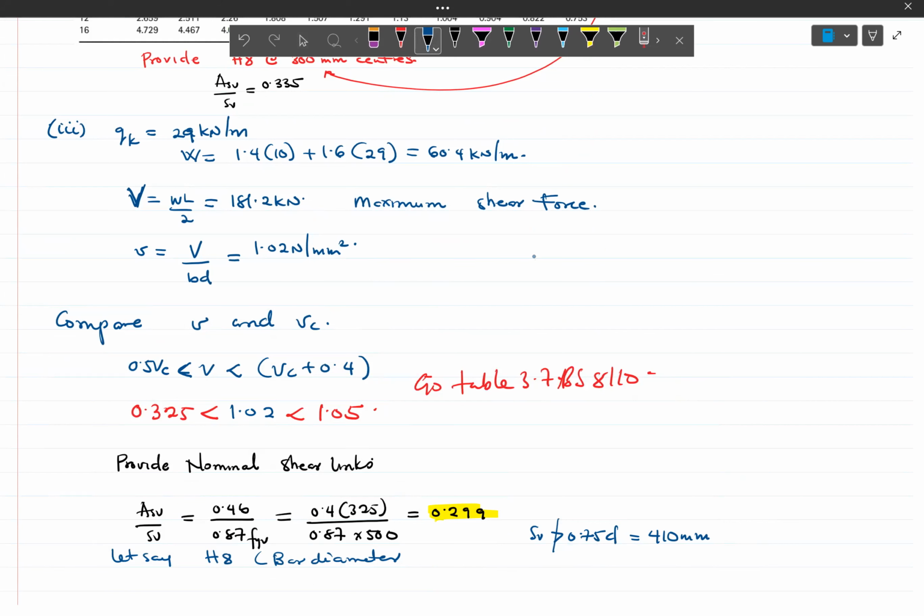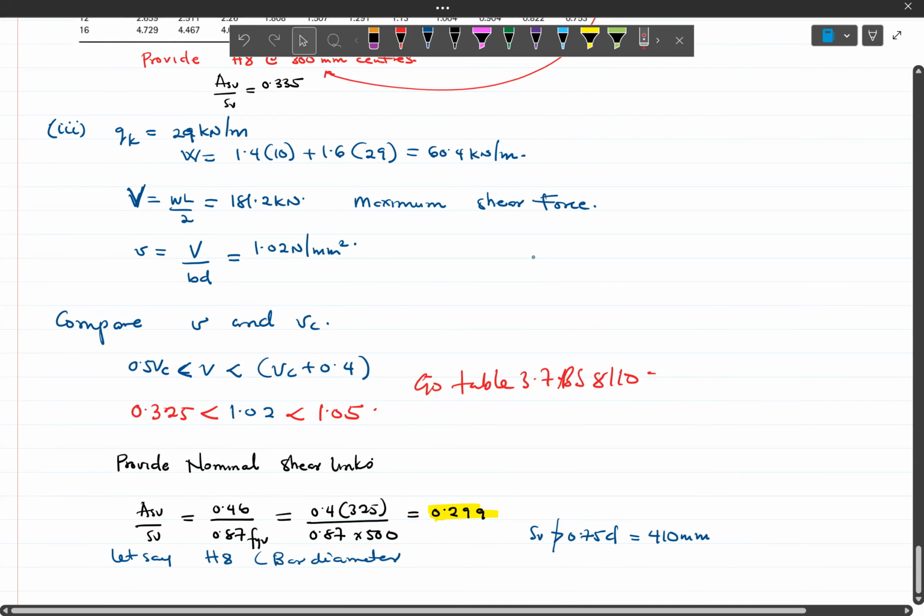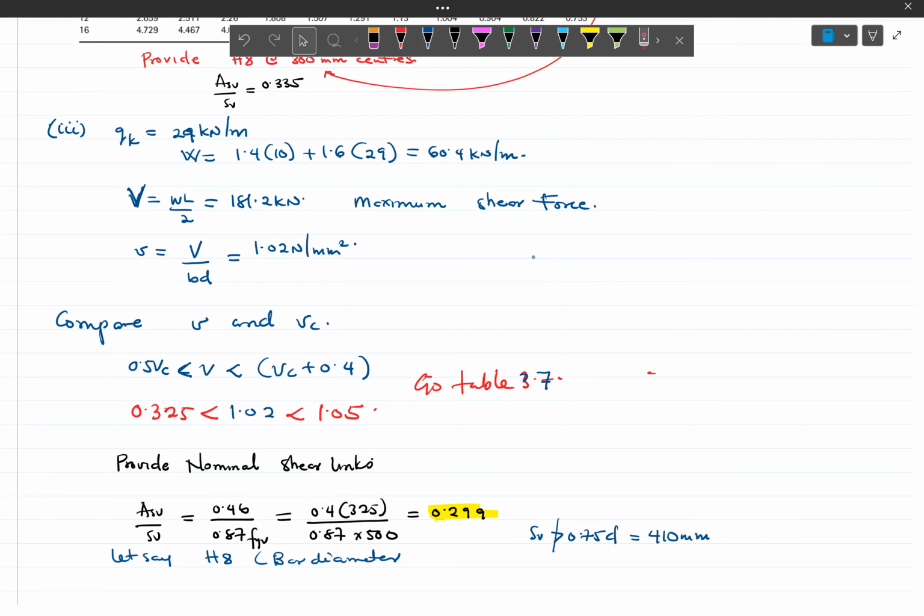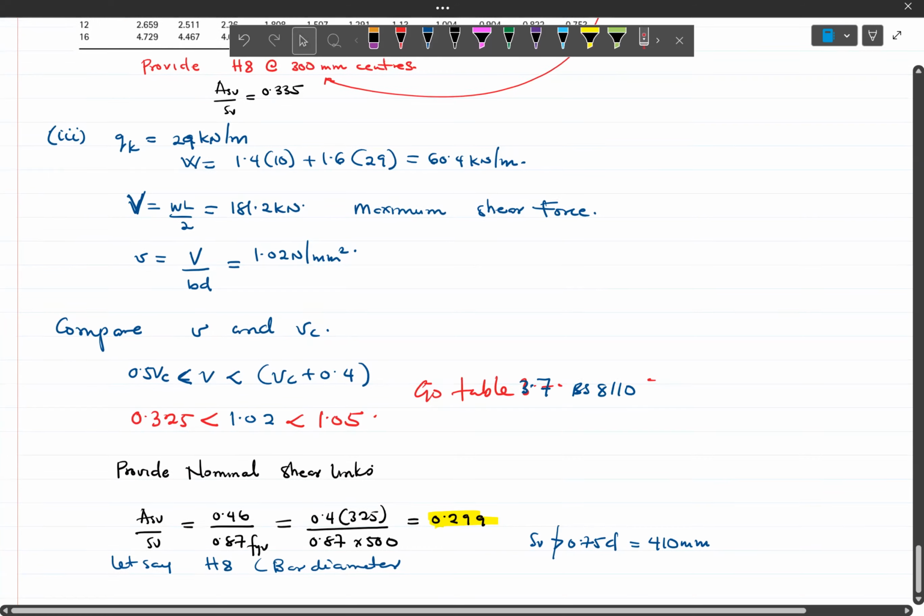Because it's lying within that, we still need nominal reinforcement, and it's more or less the same thing being done.